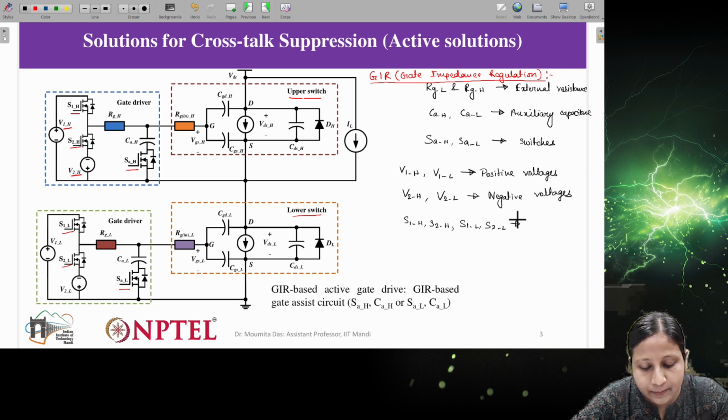So there are two different capacitors, the auxiliary capacitor and the input capacitance of the switch. At different times we may need different switches to charge with respect to the required capacitances.